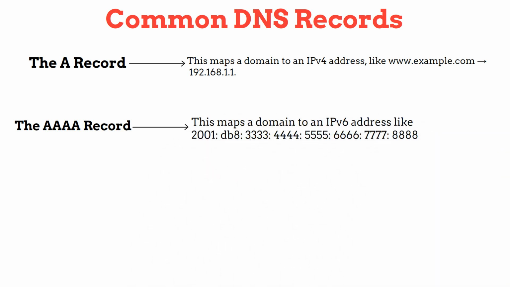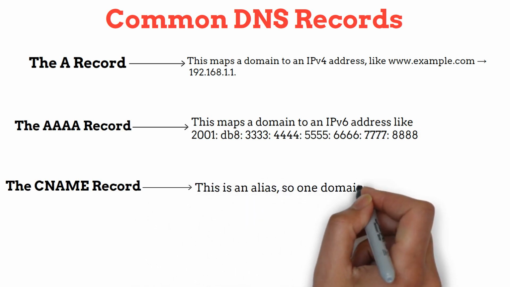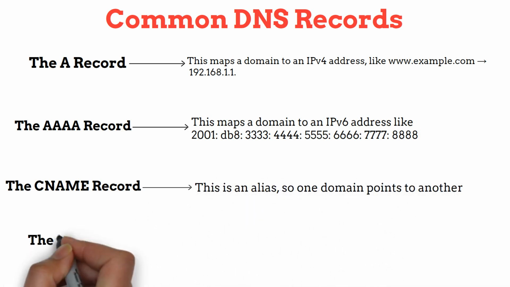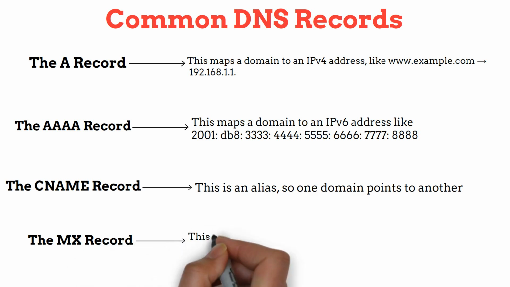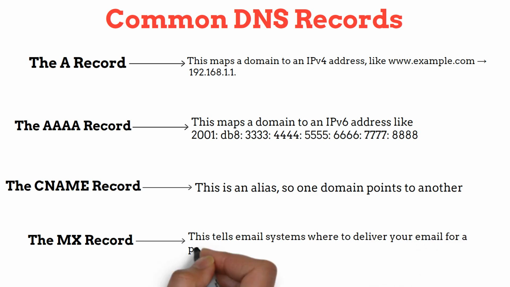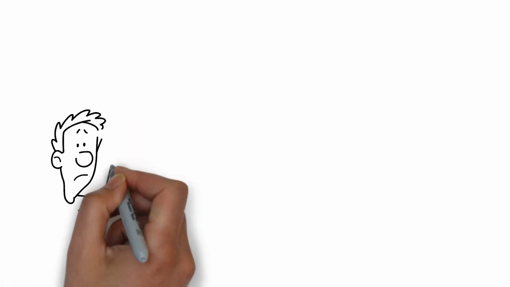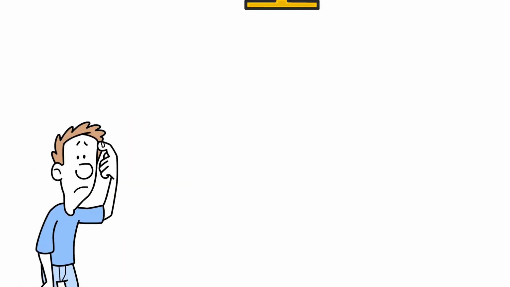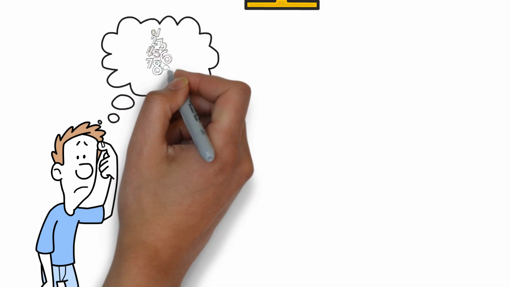This maps a domain to an IPv6 address. The CNAME record. This is an alias, so one domain points to another. The MX record. This tells email systems where to deliver your email for a particular domain. Each of these records plays a role in different types of internet traffic.